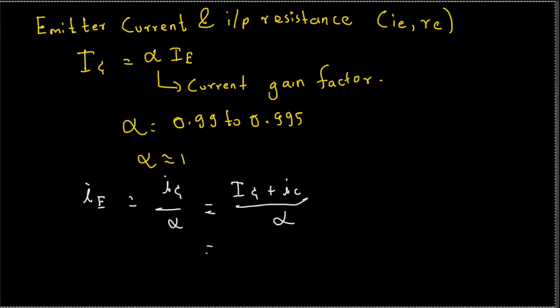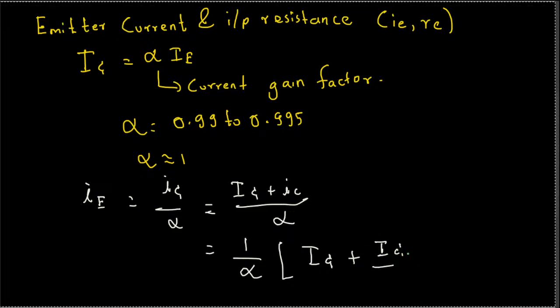We can expand this by taking 1 over alpha outside and keeping the DC component as it is. For the AC component, as I derived in my previous video, it can be written as IC over VT times VBE.